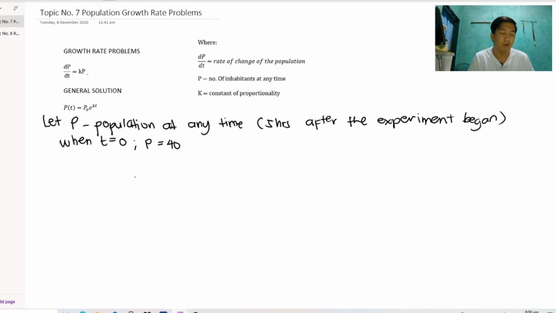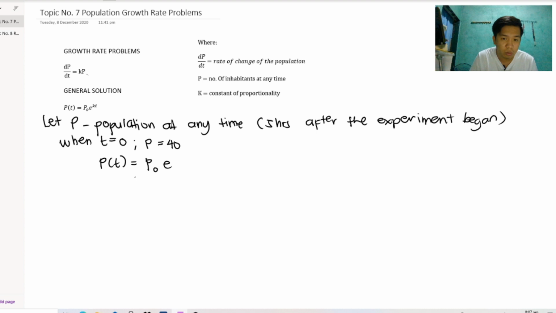So we must first get the P sub 0, or the initial P, using this formula: P of t equals P0 e raised to kt.